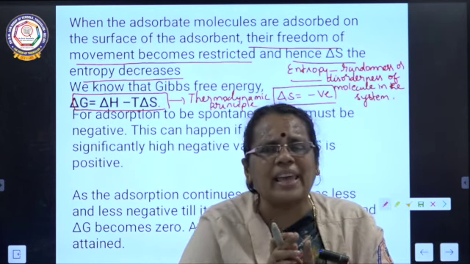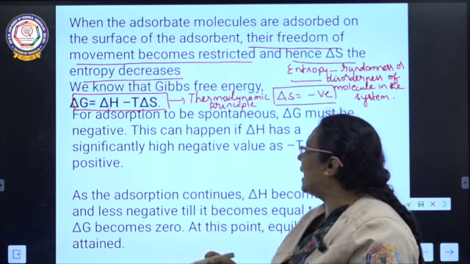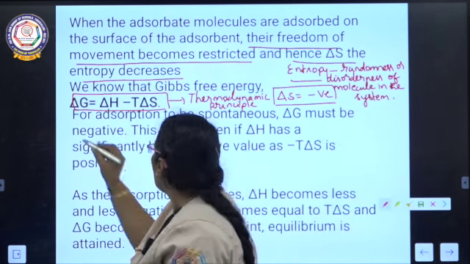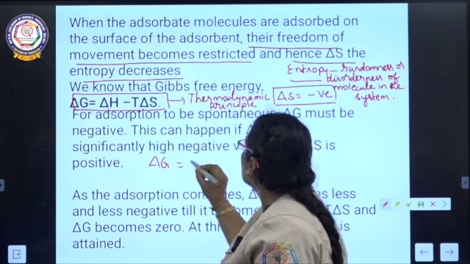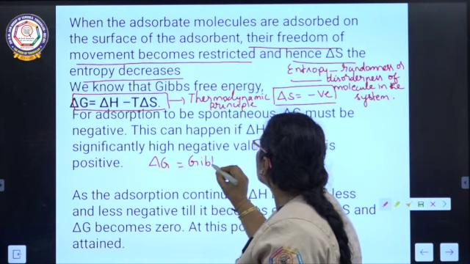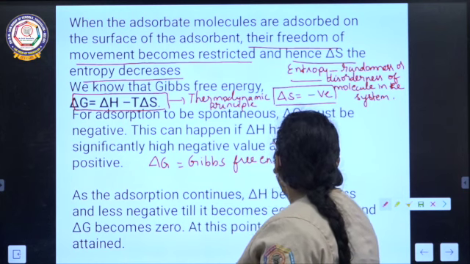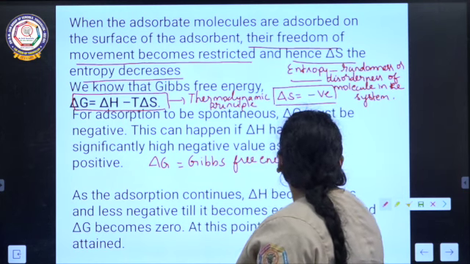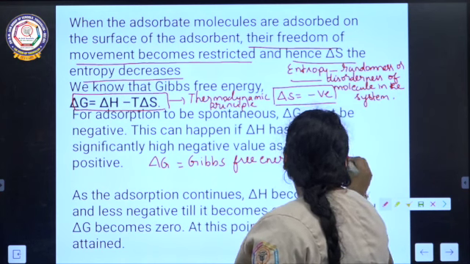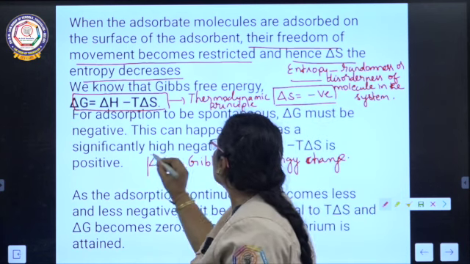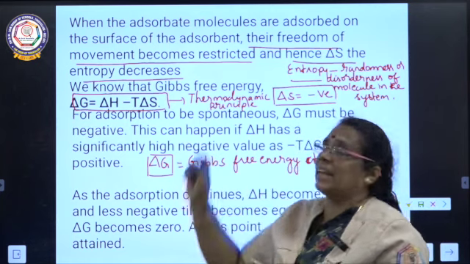That is, delta G is equal to delta H minus T delta S. What is delta G? Gibbs free energy change. So delta G is nothing but Gibbs free energy change. So delta G is equal to delta H minus T delta S.